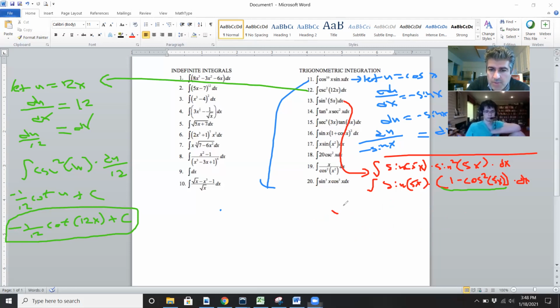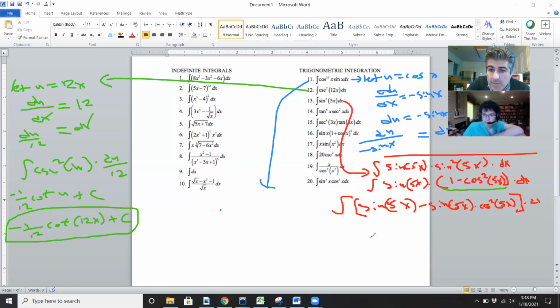But okay, I should distribute the sine 5x first. That's one thing I forgot to do. Plus, yeah, all that times dx. Okay, got it.